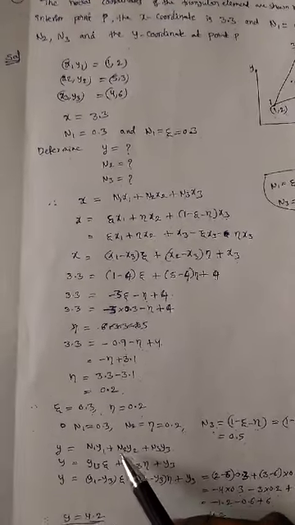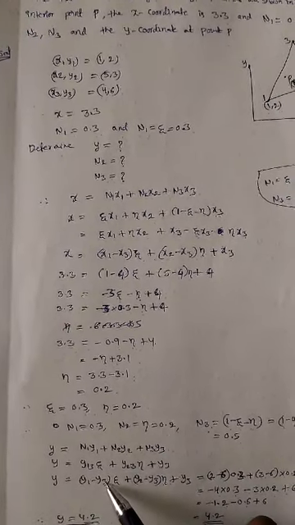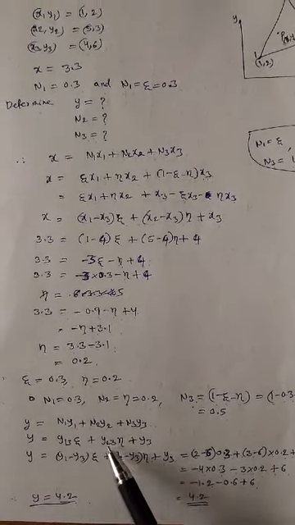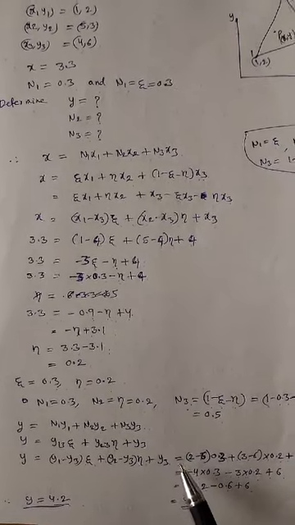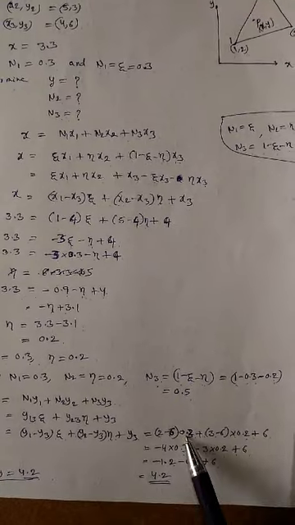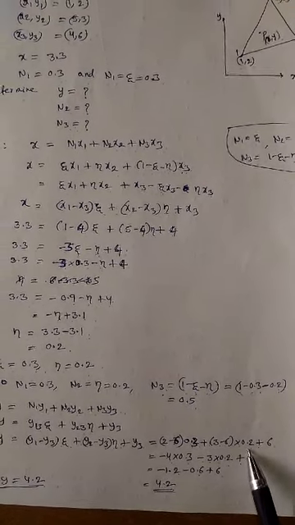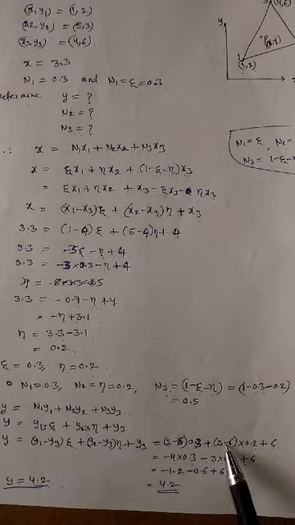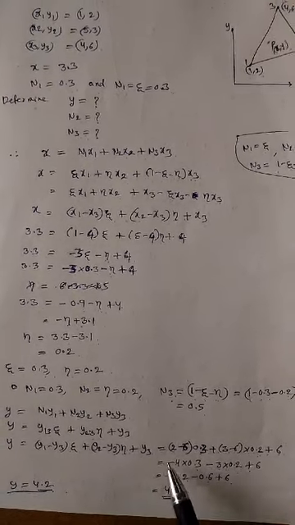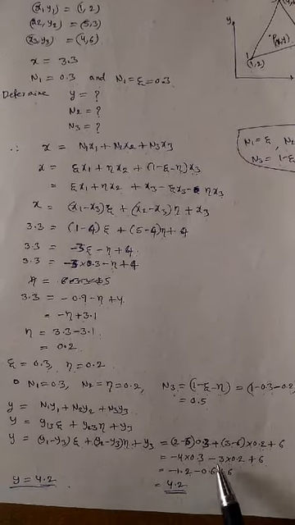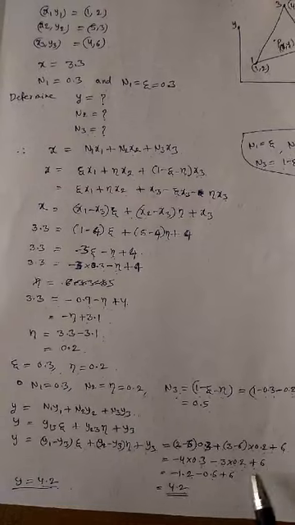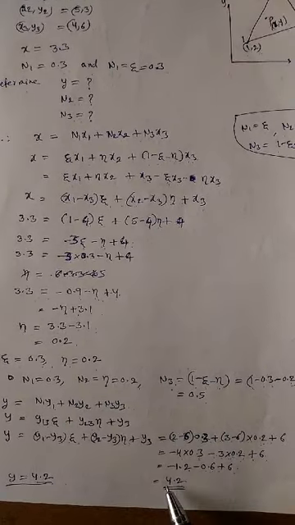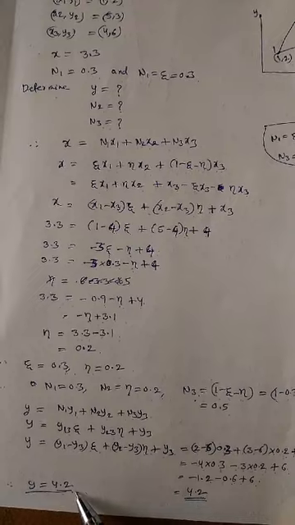And y is equal to n1 y1 plus n2 y2 plus n3 y3, that equals (y1 minus y3) xi plus (y2 minus y3) eta plus y3, that equals (2 minus 6) into 0.3 plus (3 minus 6) into 0.2 plus 6, that equals minus 1.2 minus 0.6 plus 6, that equals 4.2. Therefore, y is equal to 4.2.